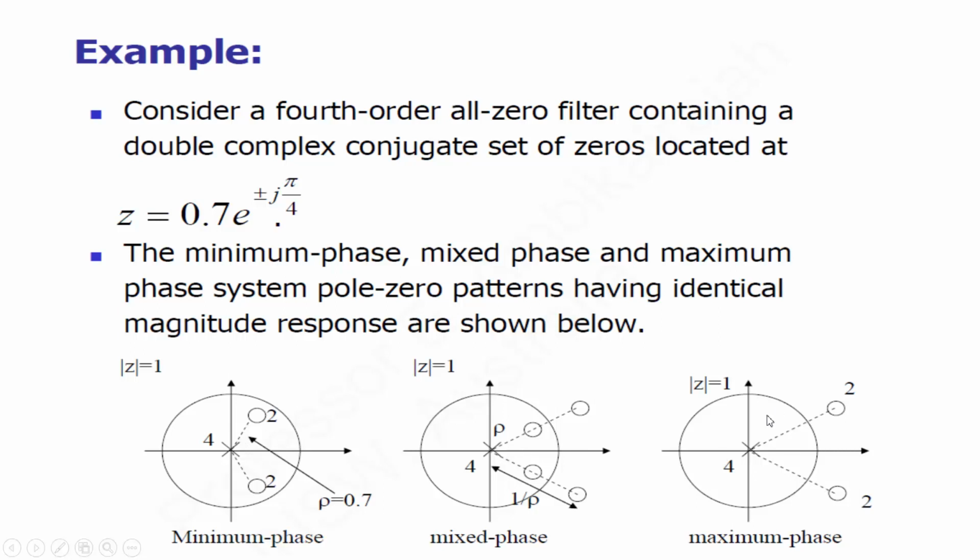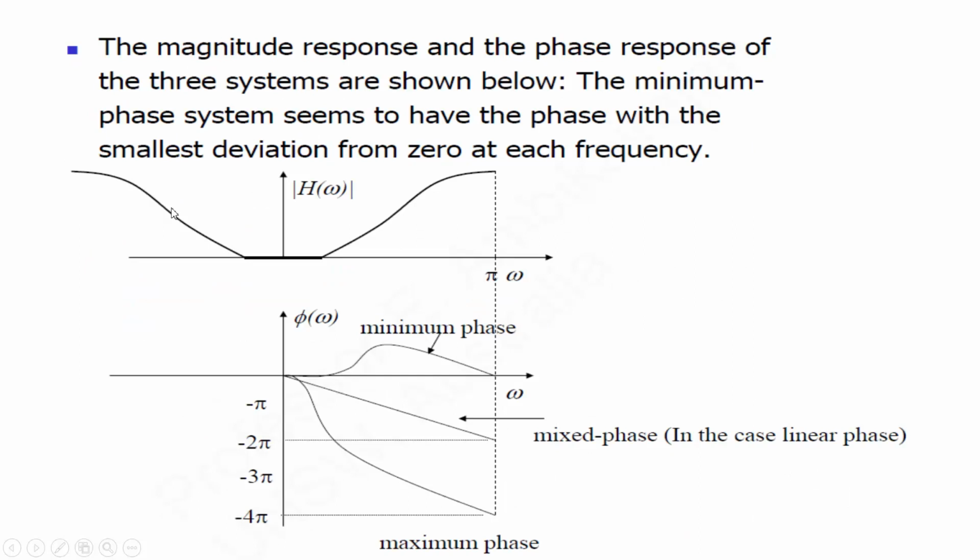And you will see that the magnitude response remains the same, and if you plot the phase response, you will get different phase responses for all the three types of systems. All right, so this is the magnitude part and this is the phase part.